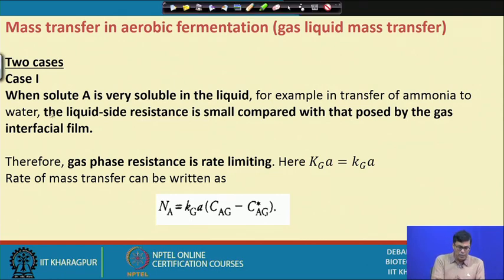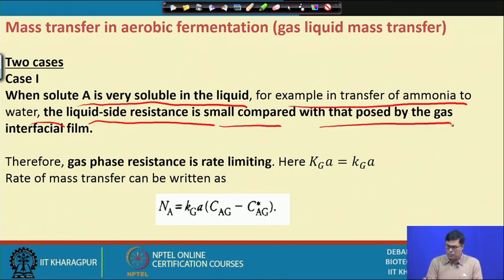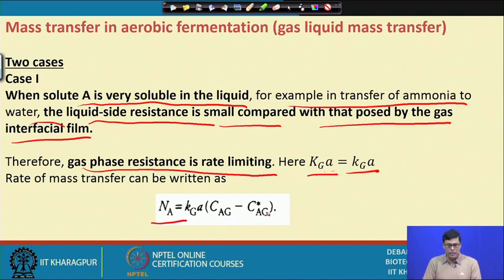First case: when a solute is very soluble in liquid, for example transfer of ammonia to water, the liquid side resistance is small compared to that posed by the gas interface, because where the solubility is more, the resistance will be less. Therefore, gas phase resistance is rate limiting, and capital K_Ga equals small k_Ga. So, we can write N_A equal to small k_Ga times (C_AG minus C'_A).